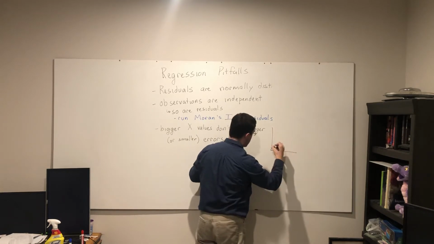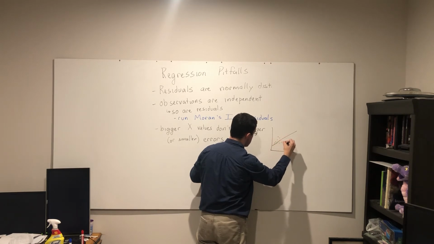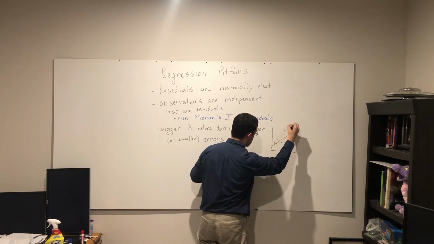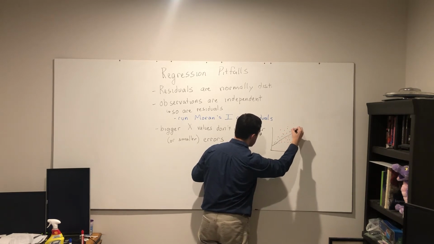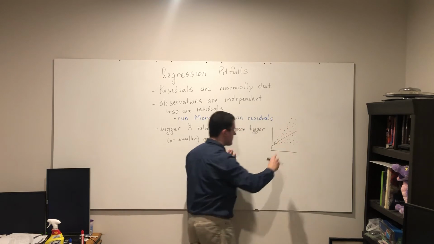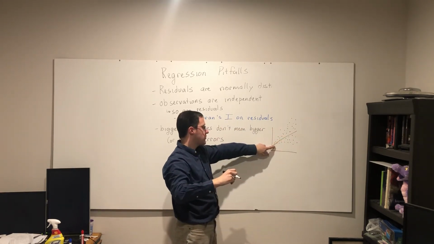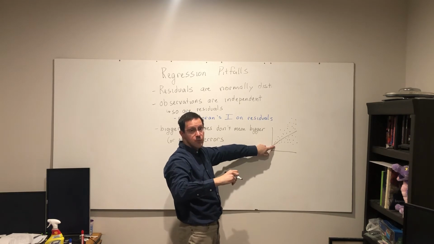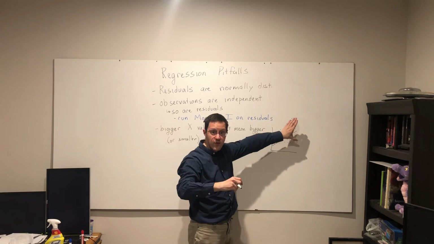We have our scatter plot, we have our regression line. And it looks like a cone, where for small values of x the points are closer to the line, and for big values of x the points are farther away from the line.